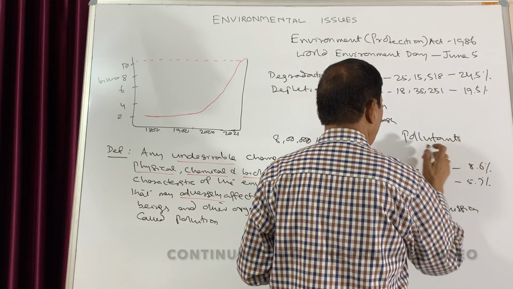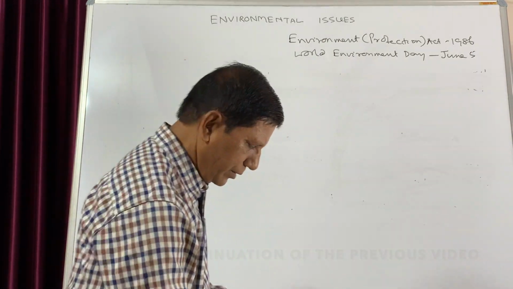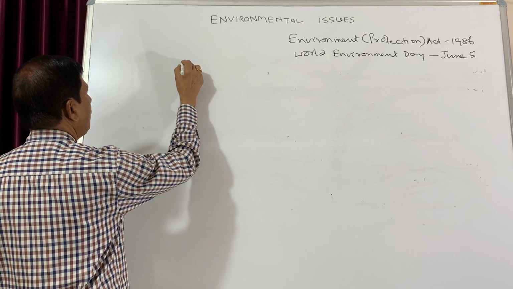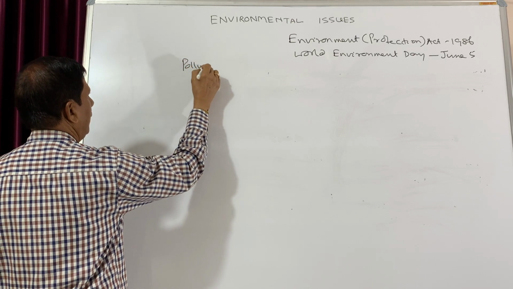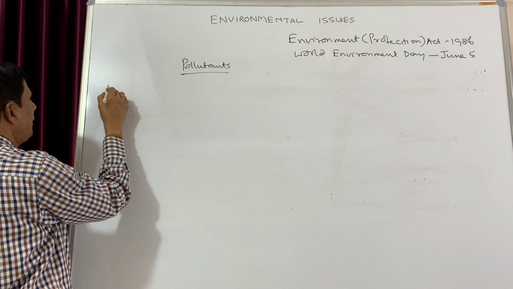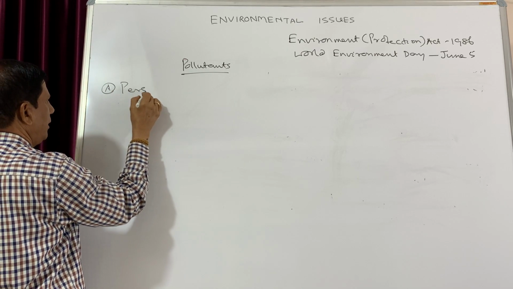Pollutant. Now we will discuss the different types of pollutants. If we classify the pollutants, one basis of classification is persistence.